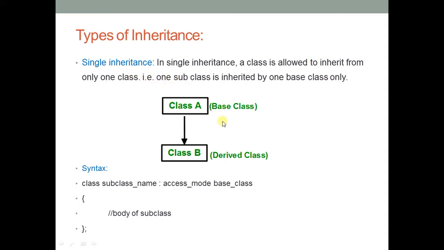That means there will be one base class, and from that base class we are deriving another class, that is class B. So all those examples I showed in the previous classes are types of single inheritance. Why? Because in all those examples there is only one base class and one derived class.